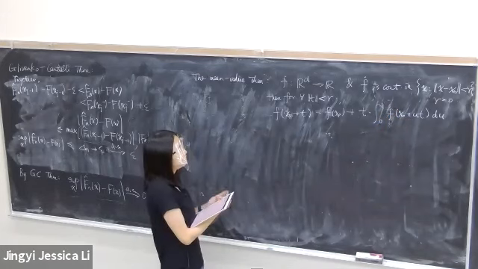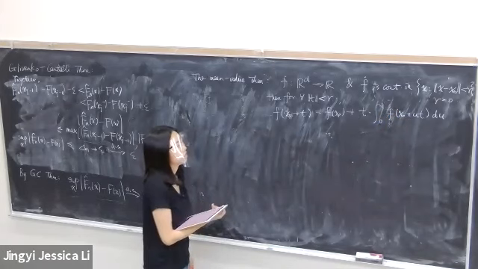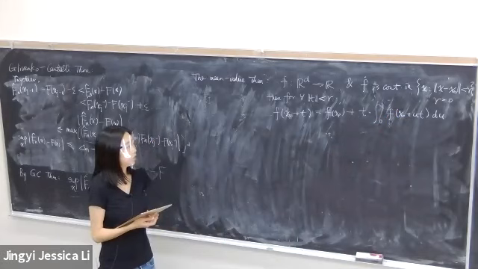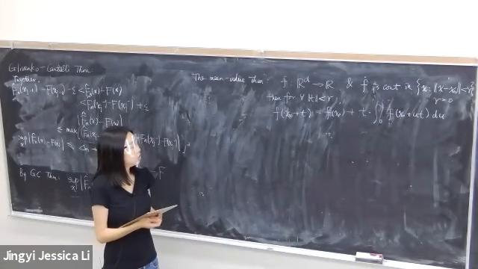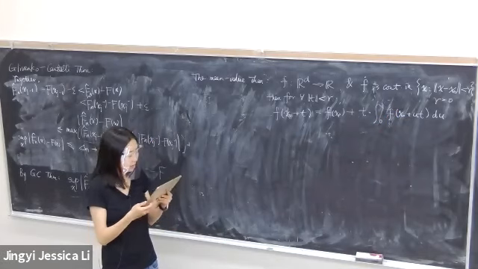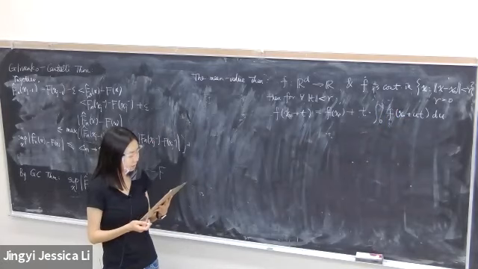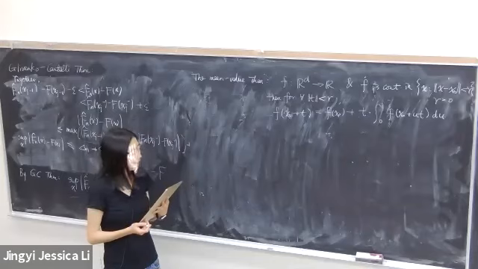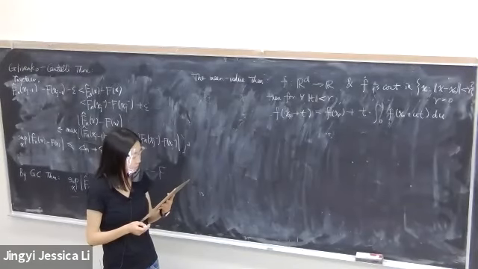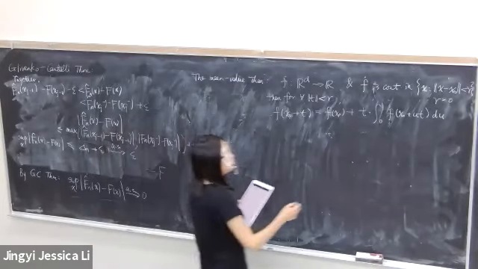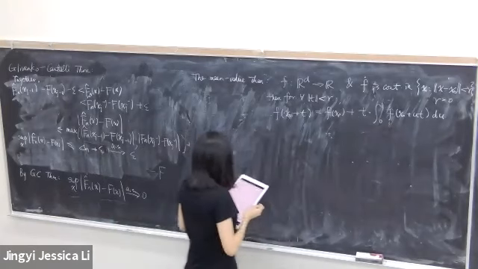This is what we call the mean value theorem, and you must have learned the one-dimensional version of this in your calculus class. So how can we prove this? The proof can be very short. It just requires us to define a function.